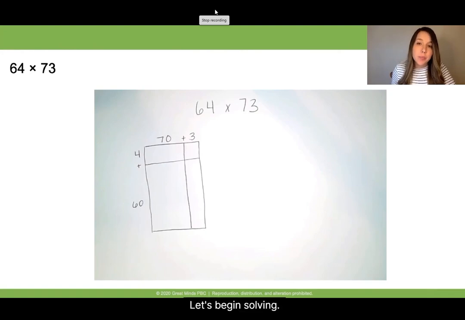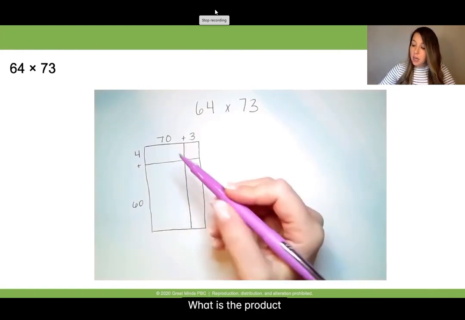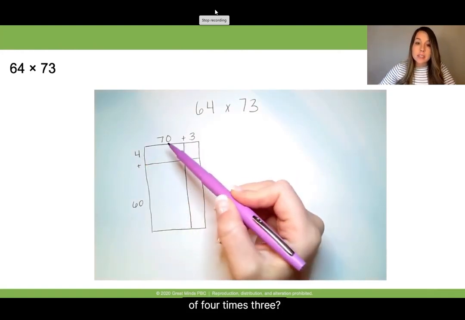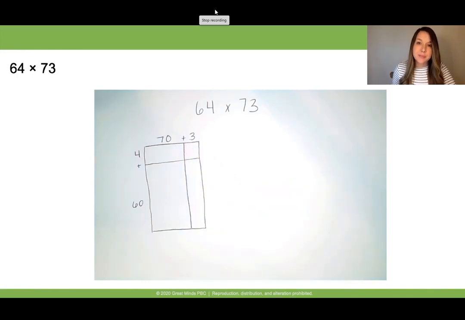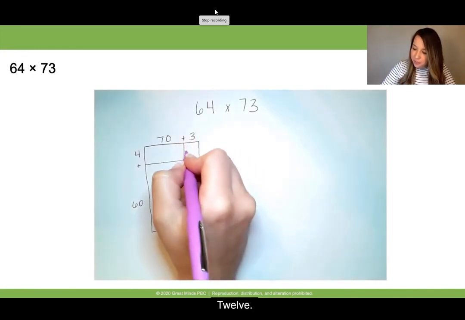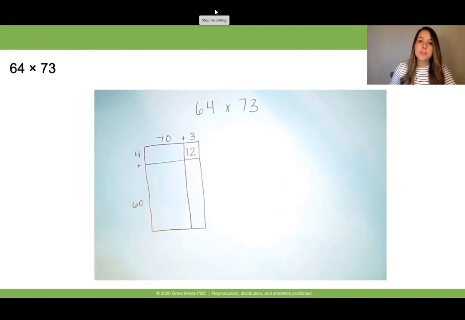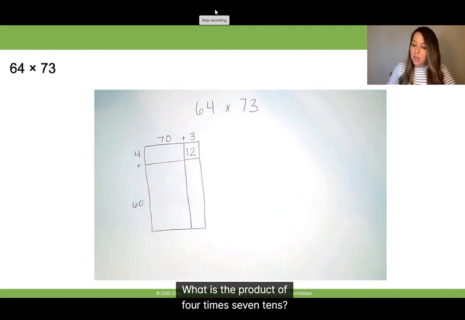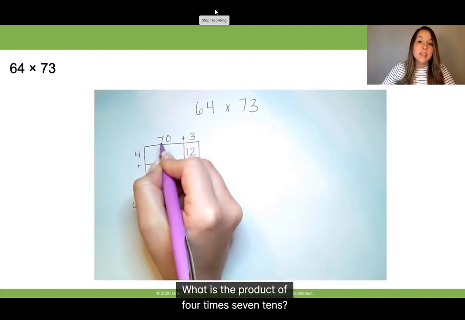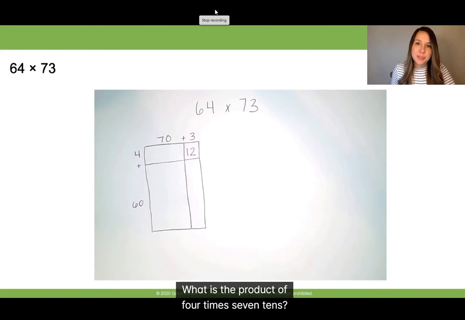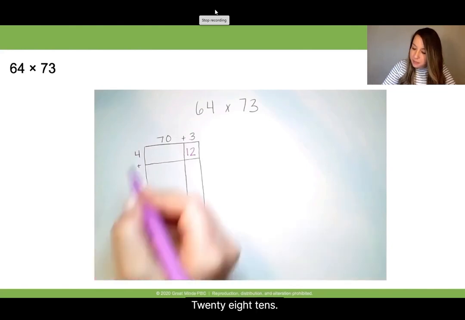Let's begin solving. What is the product of 4 times 3? 12. What is the product of 4 times 7 tens? 28 tens.